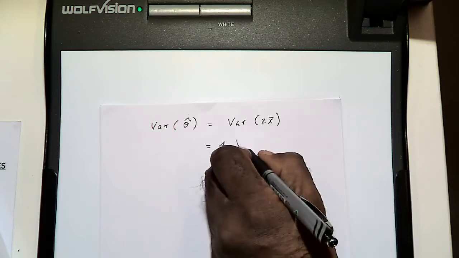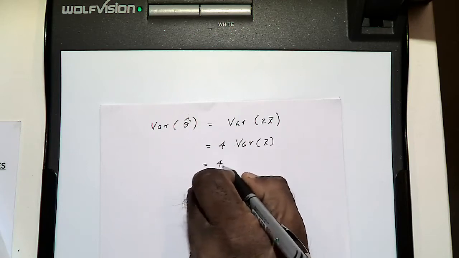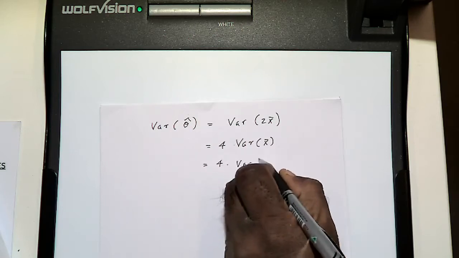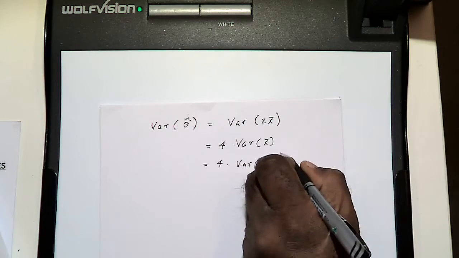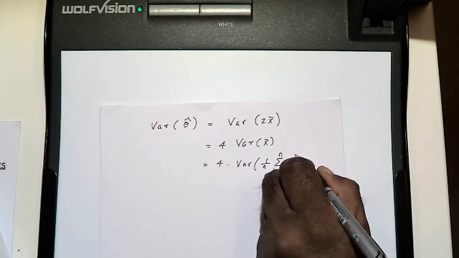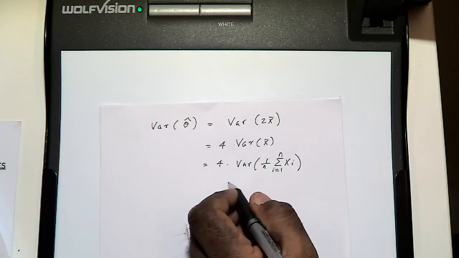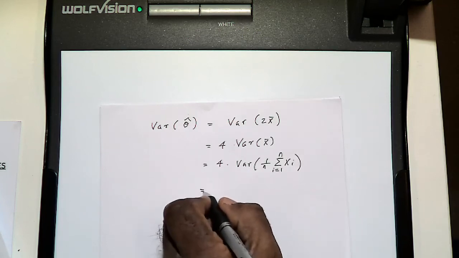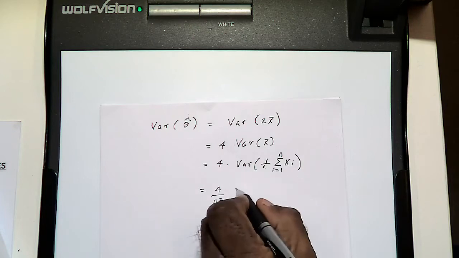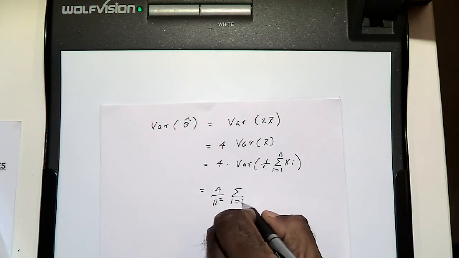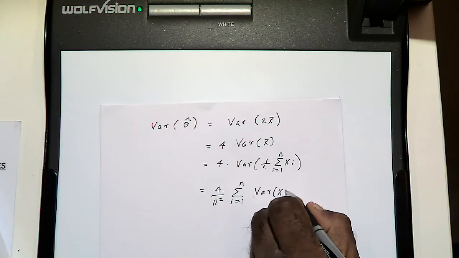So 4 times the variance of x bar, which is 4 times the variance of 1 over n times the sum. Taking the n outside, it becomes n squared. So this becomes the sum of the variance of Xi.